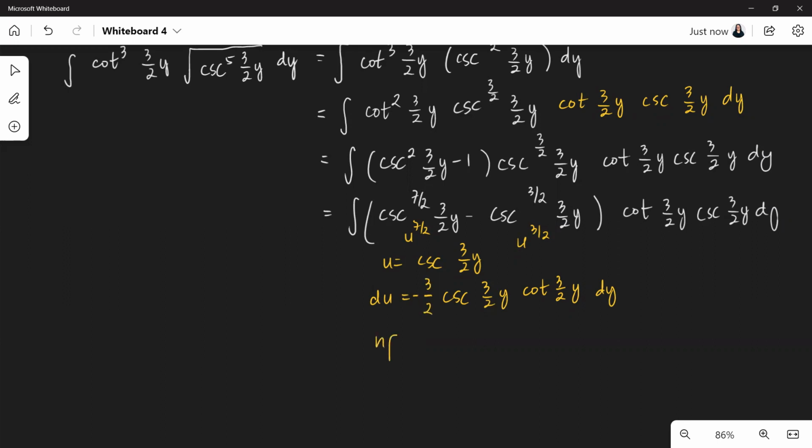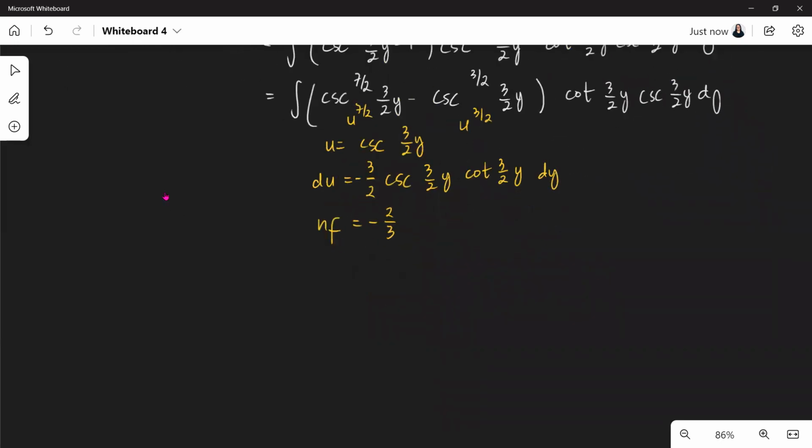So we need a neutralizing factor, the reciprocal of this, which is negative 2/3. If we do that, we can transform it into u raised to the power of 7 halves minus u raised to the power of 3 halves, because we already have our du.